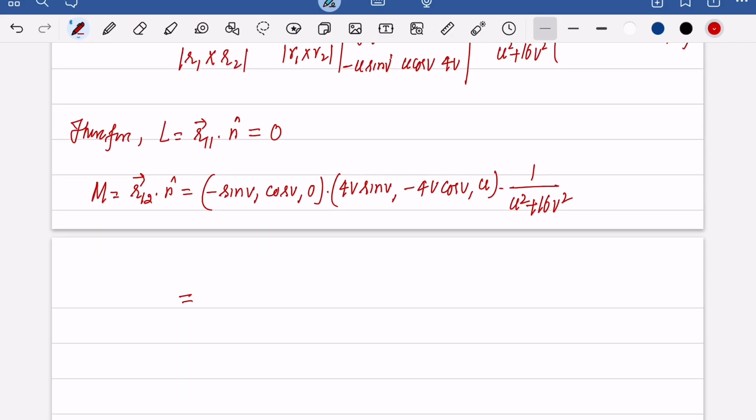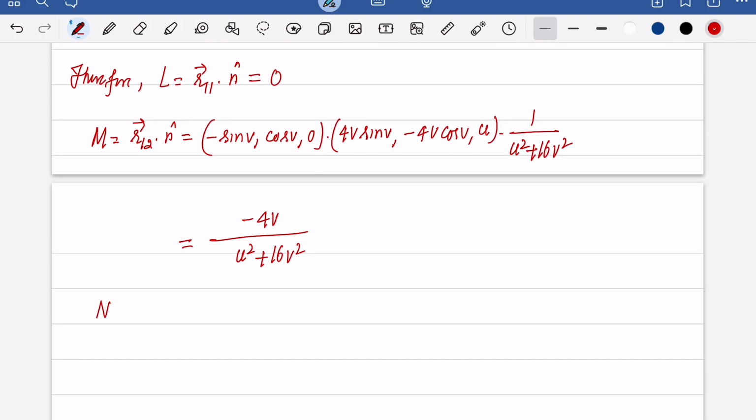Taking this dot product, we finally arrive at −4v divided by the square root of u² plus 16v². And similarly we can define N as r22 dot the unit vector n. Calculating this one also, we get 4u divided by the square root of u² plus 16v².